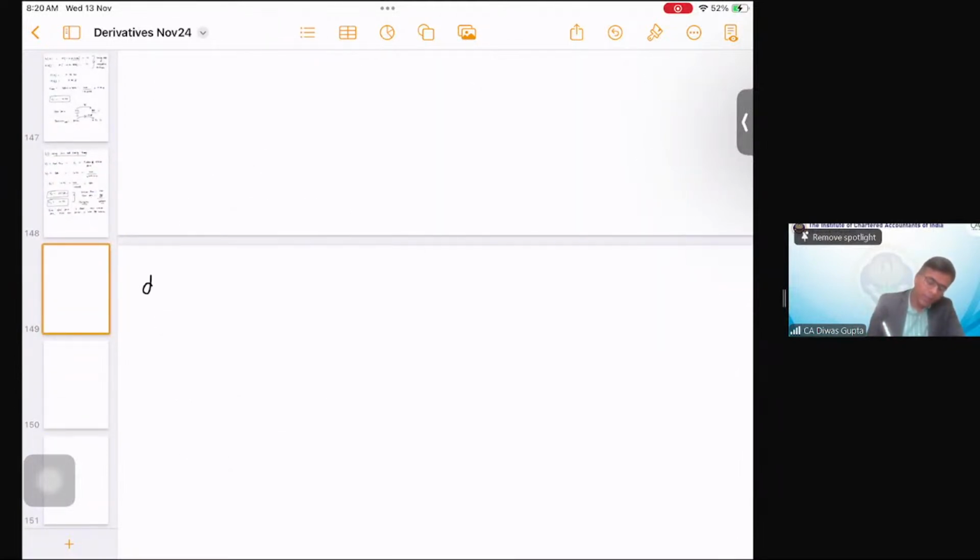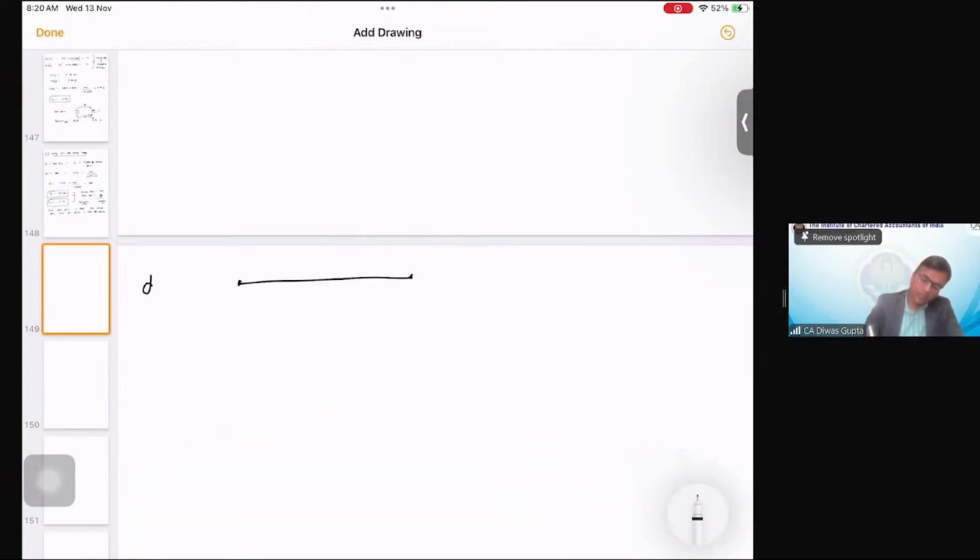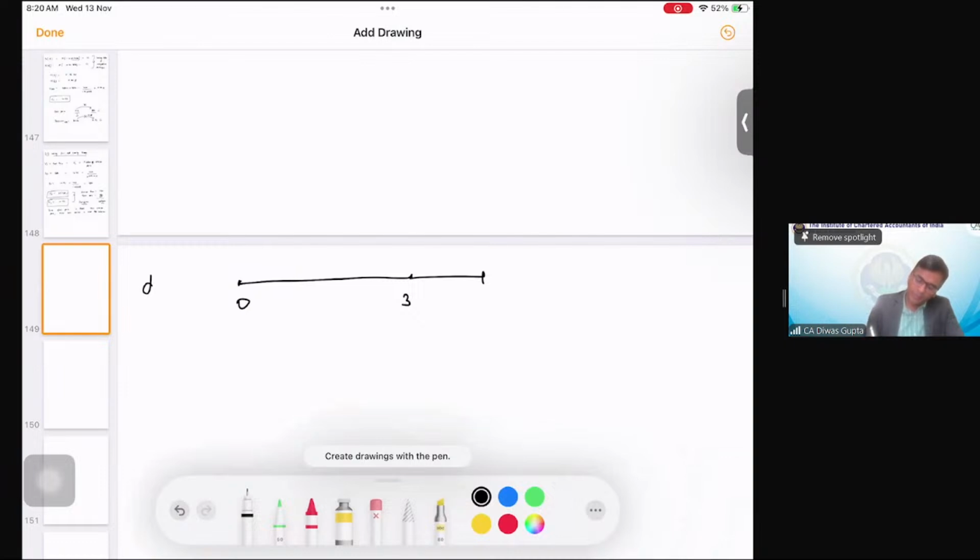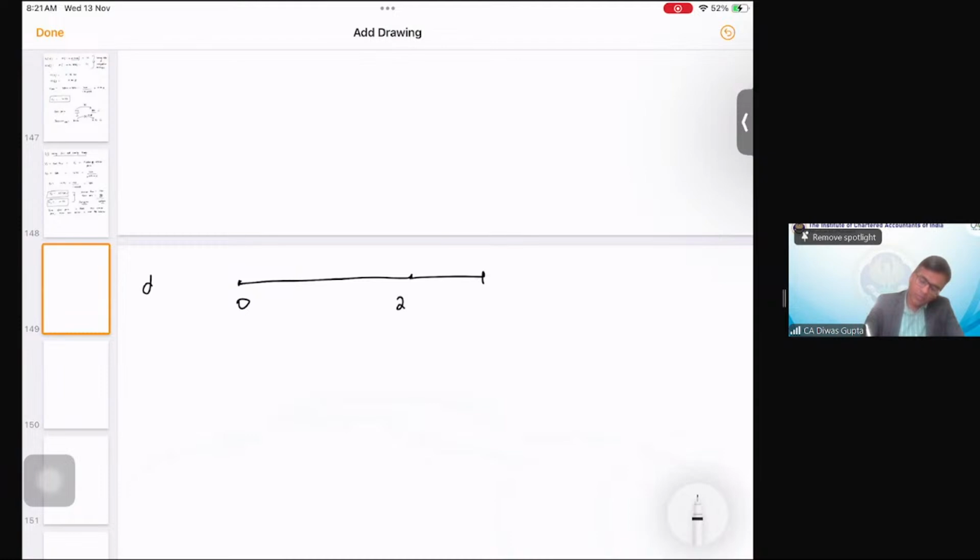Let's come to D part over here. Zero, 2 months, and then 3 months. Okay. So this is the expiry of call option, and this is the dividend payout date.